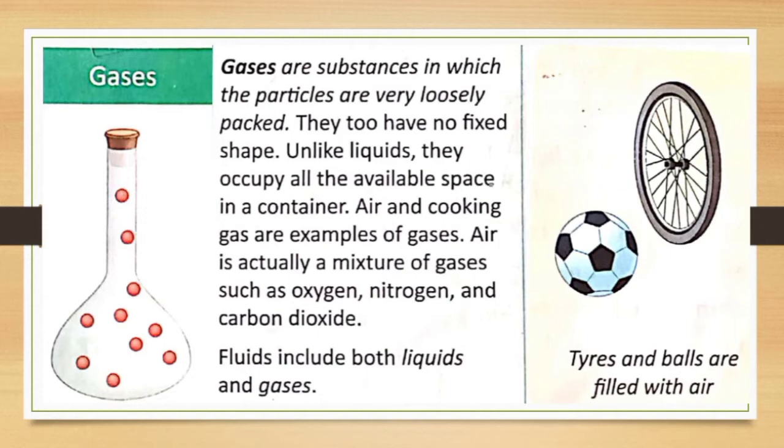Air is actually a mixture of gases such as oxygen, nitrogen and carbon dioxide. So there are three characteristics of gases: gases have neither fixed shape nor volume. They are easily compressible and molecules are far apart.